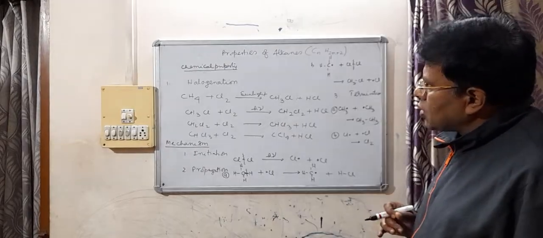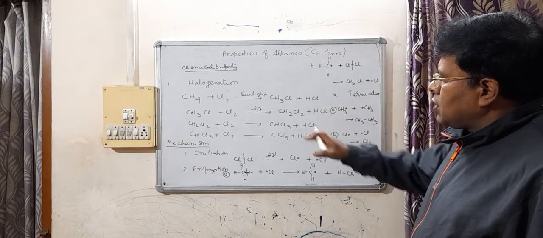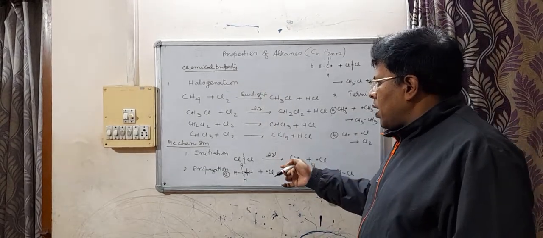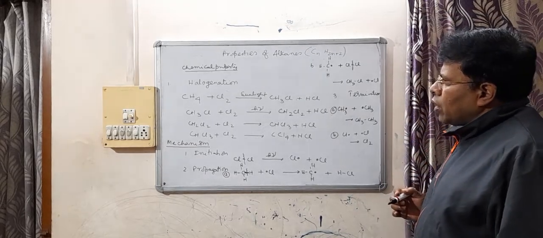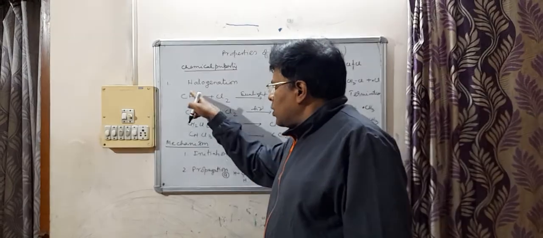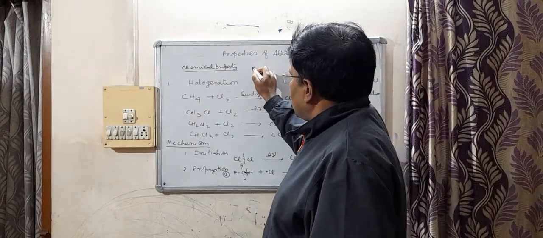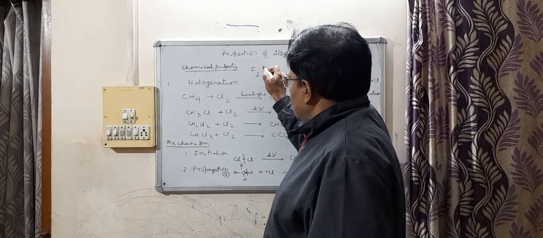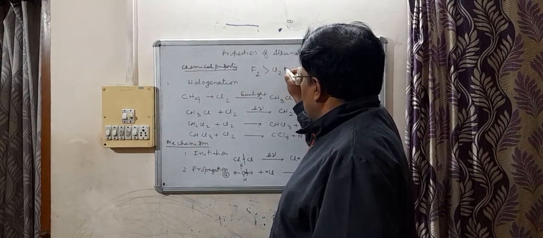So this is about halogenation of alkanes. It is a substitution reaction, and it goes by a free radical mechanism. Now, with a particular alkane, the rate of fluorination is greater than chlorination.